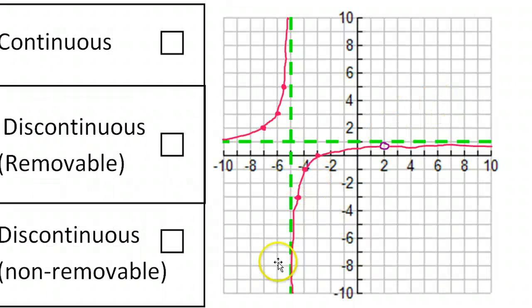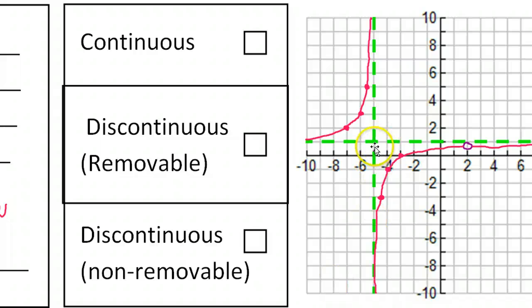Okay, so here we have, well, the way I have this set up, it's like we're supposed to choose between removable, and we have both. It's definitely discontinuous, but we have a removable, which is the point discontinuity.